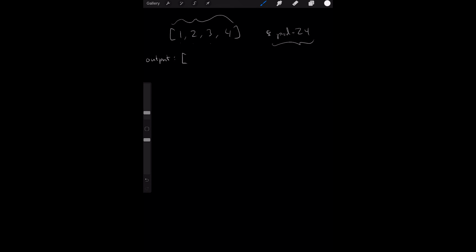So I take the product and then I divide by the number depending on which index I am. For example, the first one, 24 divided by 1 is 24. The second one is 24 divided by 2, which is 12. Then 24 divided by 3, which is 8. And then divided by 4, which is 6. And that's it. That's your answer.